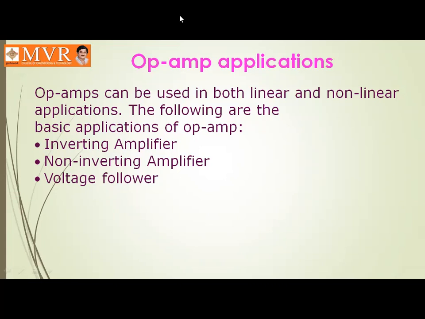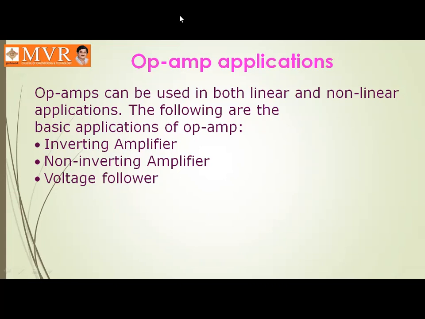Linear applications mean the op-amp is going to operate in a linear region. So what does linearity mean? As you have studied in your pulse and digital circuits subject, in linear wave shaping, we studied linearity.